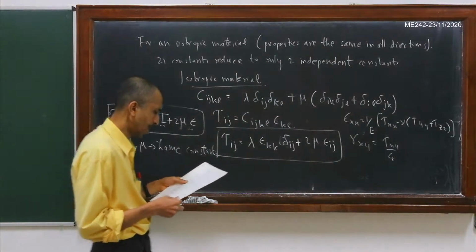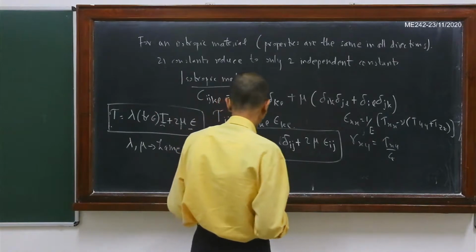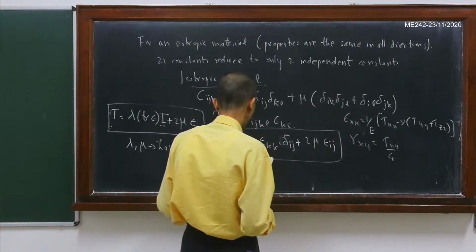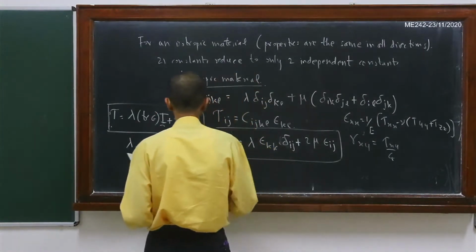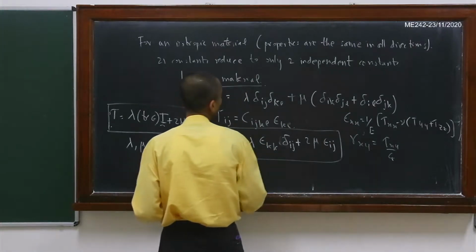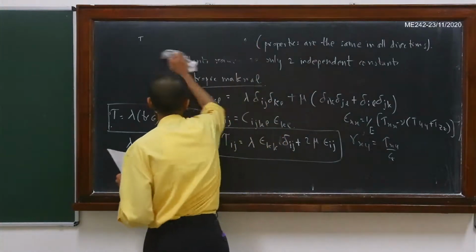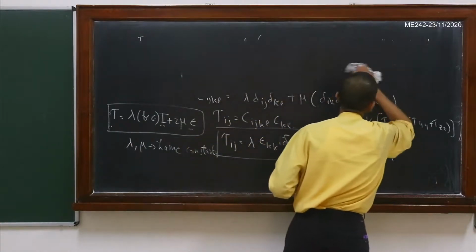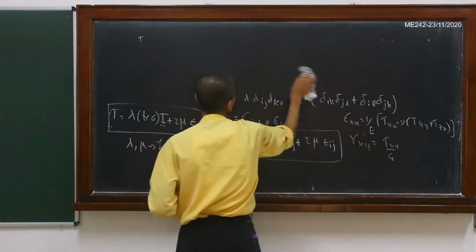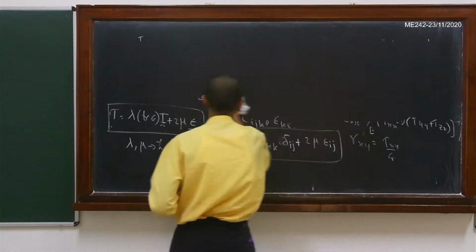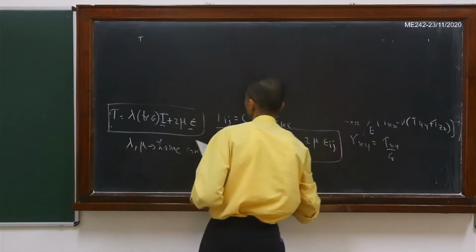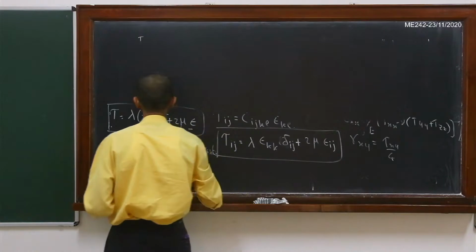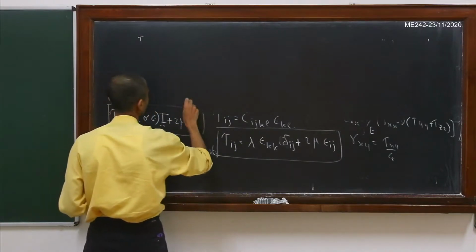Yes. So if you now substitute this constitutive relation into your balance of linear momentum, then you will get what are known as the Navier equations of elasticity. Okay, so let us look at that now. So substitute. So let me call this as star.